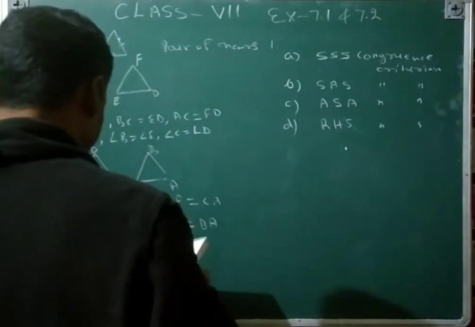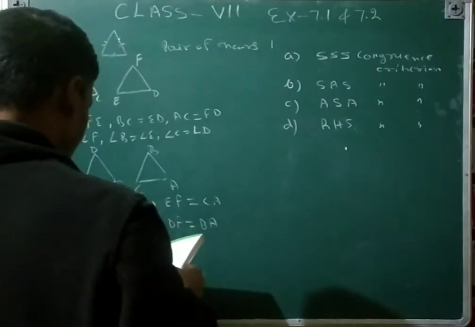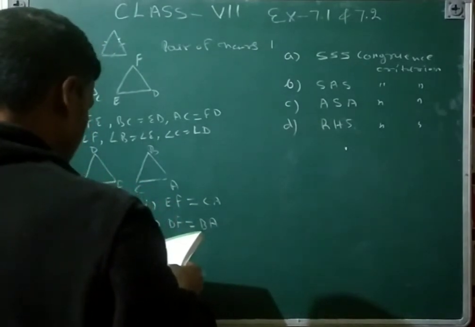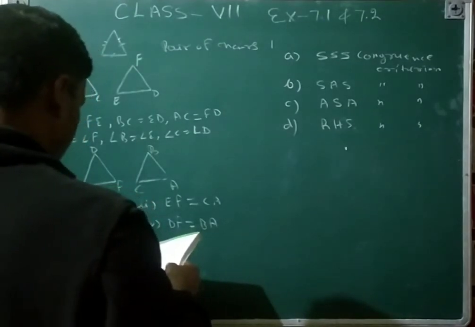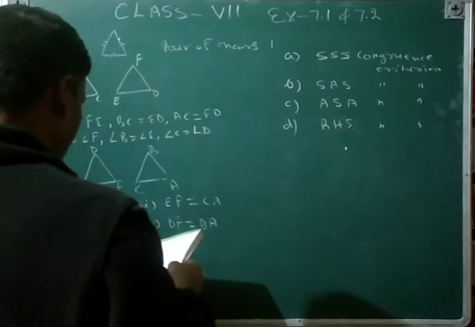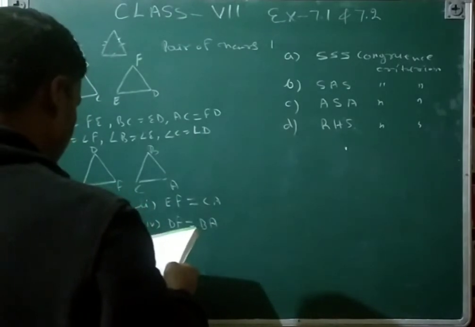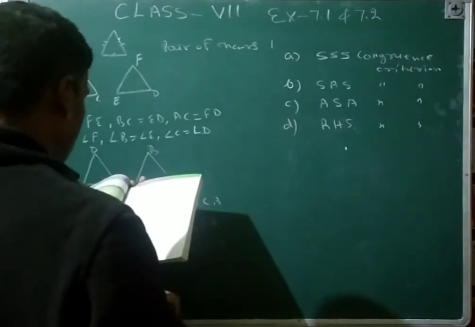Second question, you want to show triangle ART is congruent to PEN if you have used SSS congruence criterion. So the diagram is already given here.